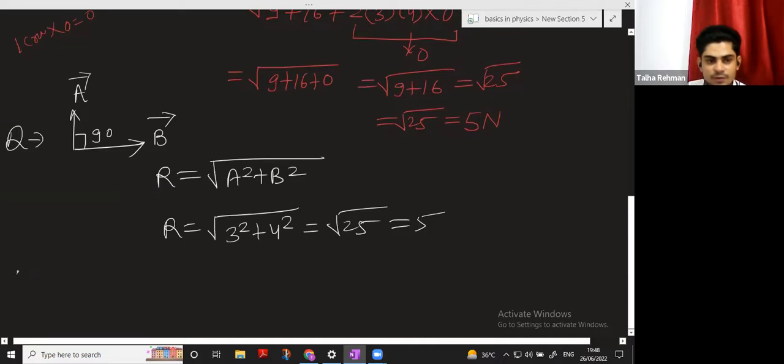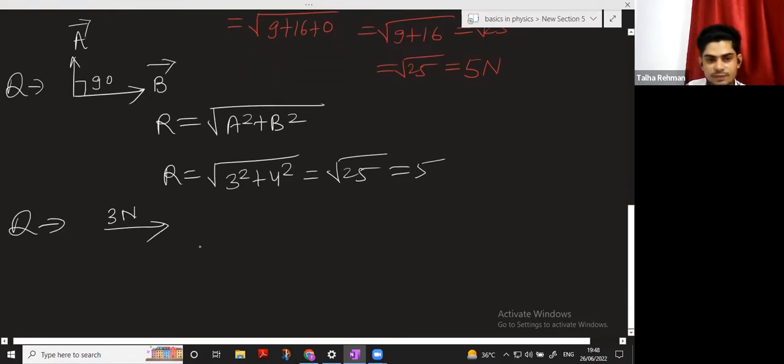If two vectors are given like this is 3 Newton, and there is another vector like this, this is 5 Newton. Then what will be the resultant?